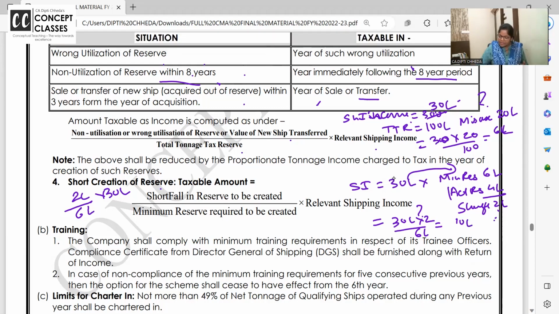Shortfall in the reserve is 2 lakhs. Minimum reserve requirement is 6 lakhs into the relevant shipping. So this much income, 10 lakhs, will become separately taxable. Tonnage tax तो जो है वो है, but ये tax हो जाएगा.